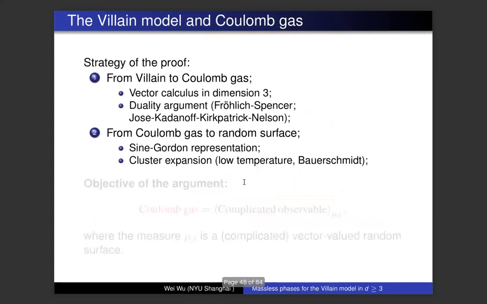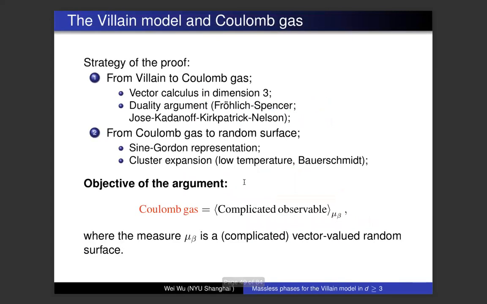The second part is that we're going to rewrite this Coulomb gas part into a vector valued random surface measure, but there's some price to pay. The Coulomb gas is not so easy to study.